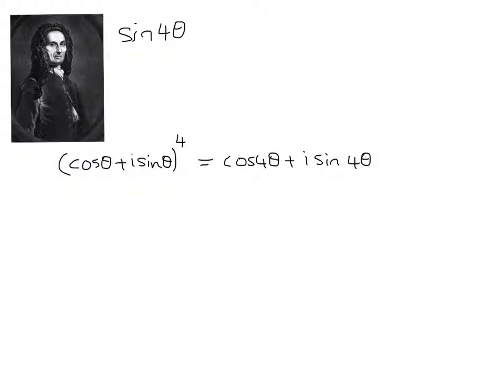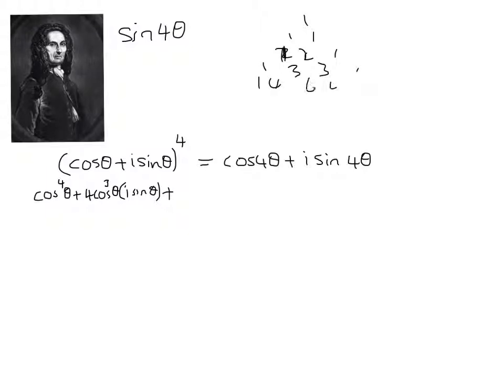So if I do the binomial expansion, what would I get? I would get cos to the 4 theta plus 4 cos theta i sine theta, that one would be cubed, plus 1, 4, 6, 4, 1. I forgot Pascal's triangle momentarily. 1, 3, 3, 1, 1, 4, 6, 4, 1, that's right.